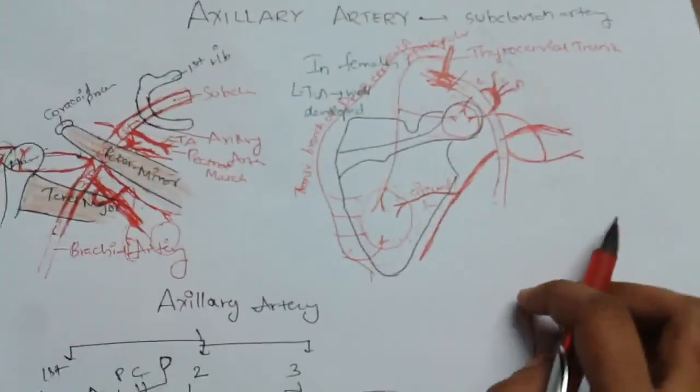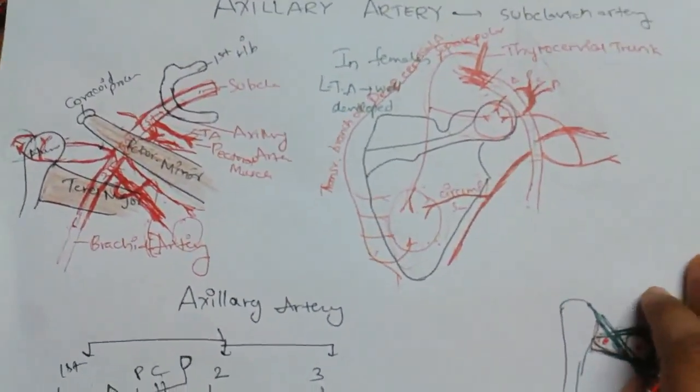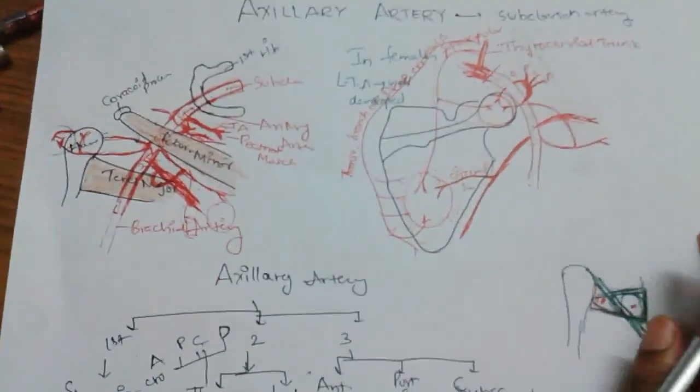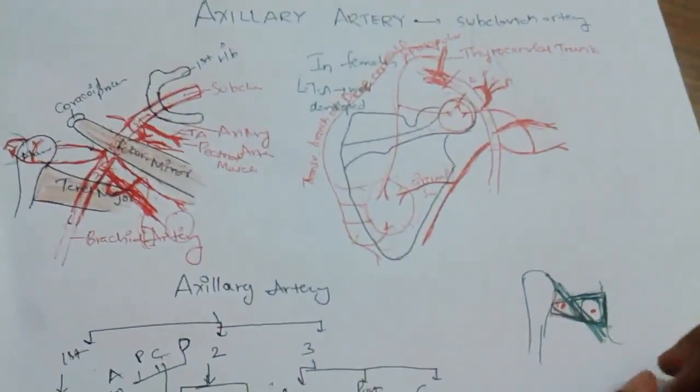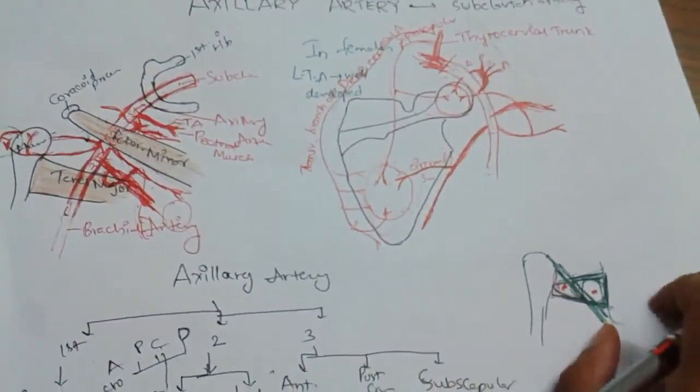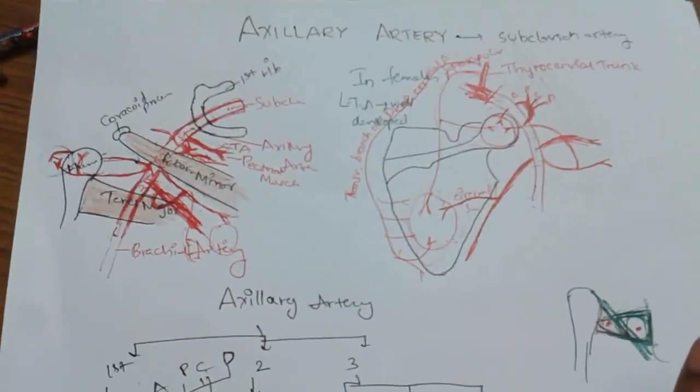So now a doubt. What is the need for anastomosis around the scapula? The main reason is, in our body there are many anastomoses. If there is a block in any one of the blood vessels, then that organ can be supplied by any other blood vessel.